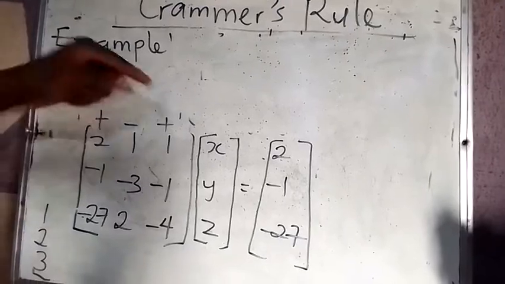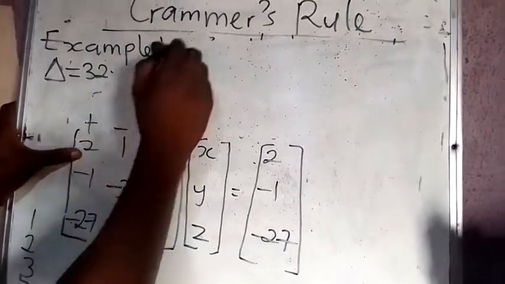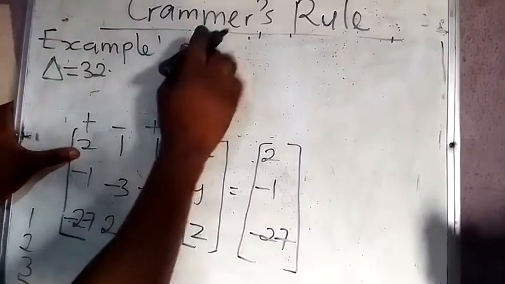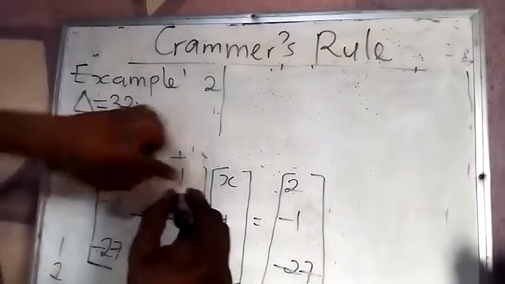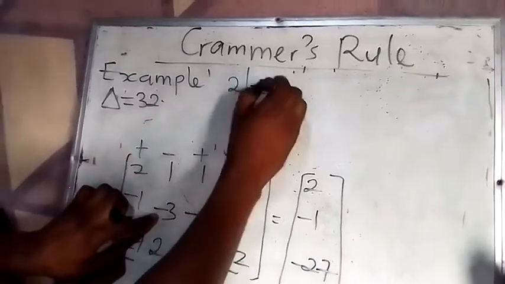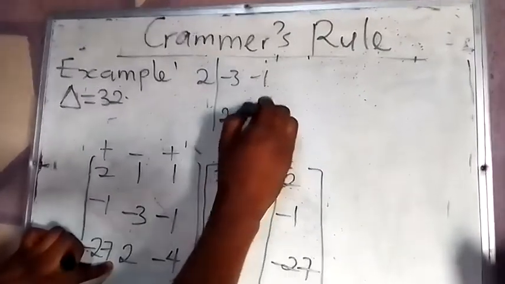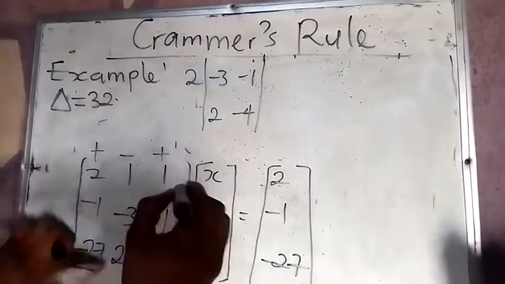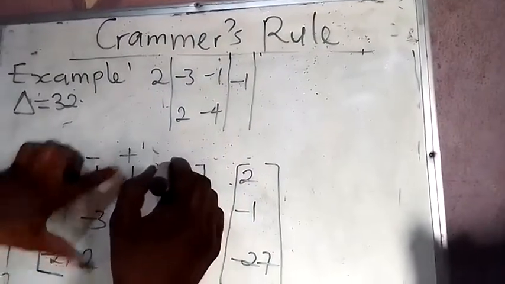Now you find the determinant again. That's when you hold 2, cross this. So you have minus 3, minus 1, 2, minus 4. You hold the minus 1, cross the vertical and the horizontal.